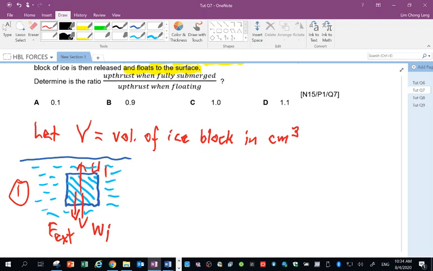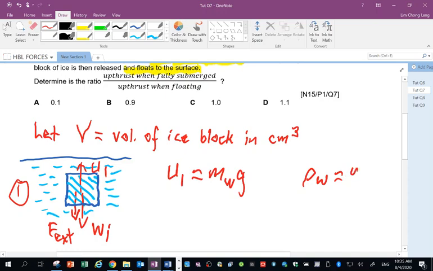According to Archimedes' principle, the upthrust U1 is equal to the weight of water displaced. So I'll write mWg, right? I also know that density of water can be written as mass of water divided by volume.